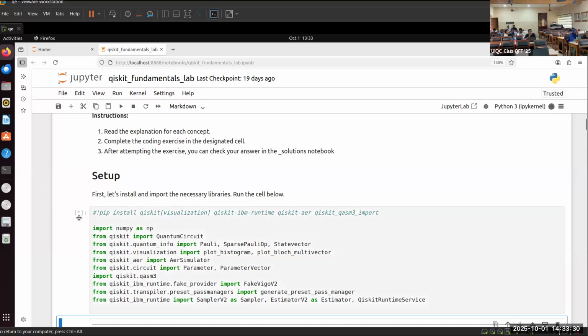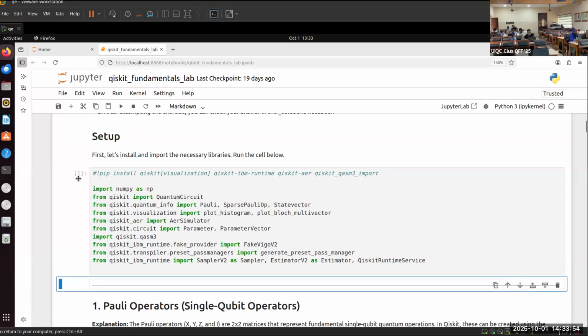Now you can see a star. The star changes to 1. Did we all see this? Okay, great. When you saw the star, it shows that the code is being executed. So you have to wait for the execution to complete before you can have the results. Showing 1 here shows that this is the first execution I have done in this notebook.